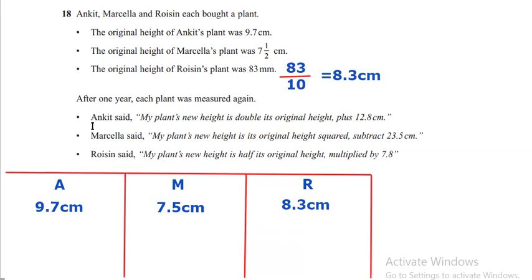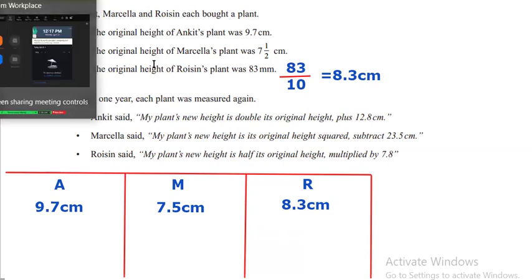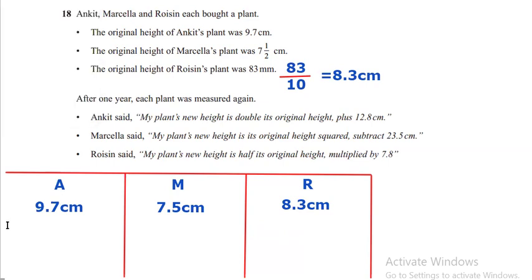With Ankit, Ankit said, my plant's new height is double its original height, plus 12.8. Double means what? Double means multiplied by 2. Very good. So we're going to multiply this by 2. So 2 multiplied by 9.7. And then he said plus 12.8. So plus 12.8. Let's write it like this. I don't have to make it smaller. You can see it.